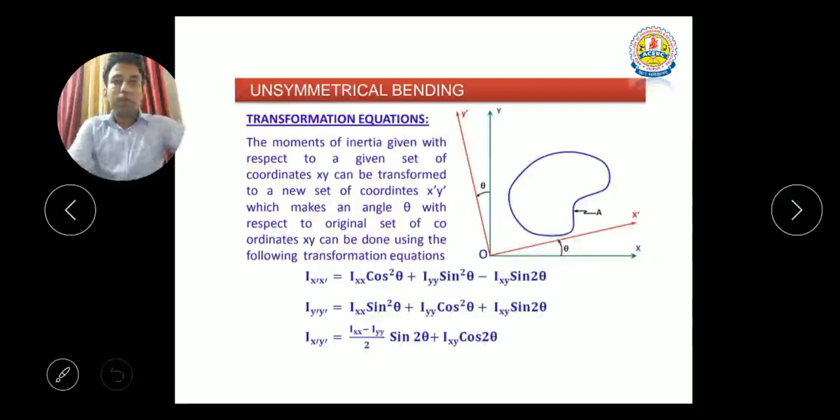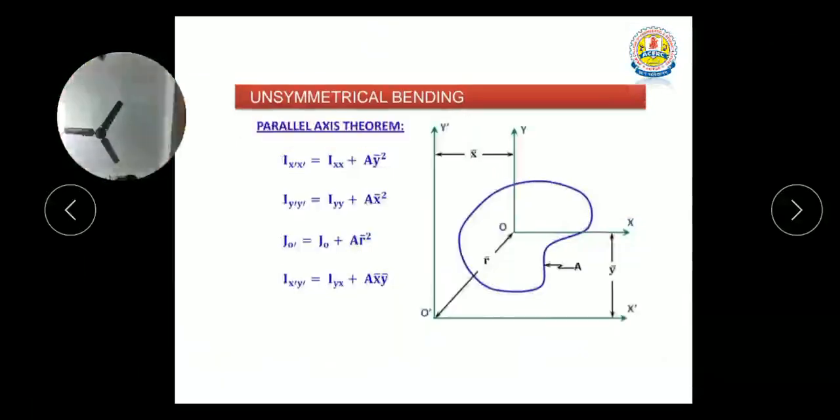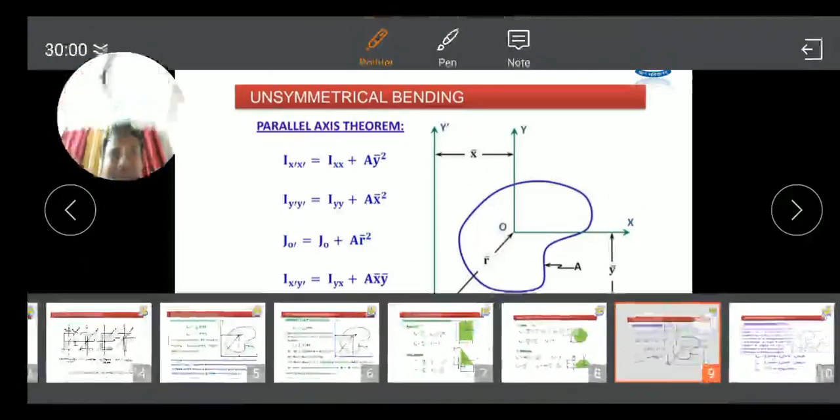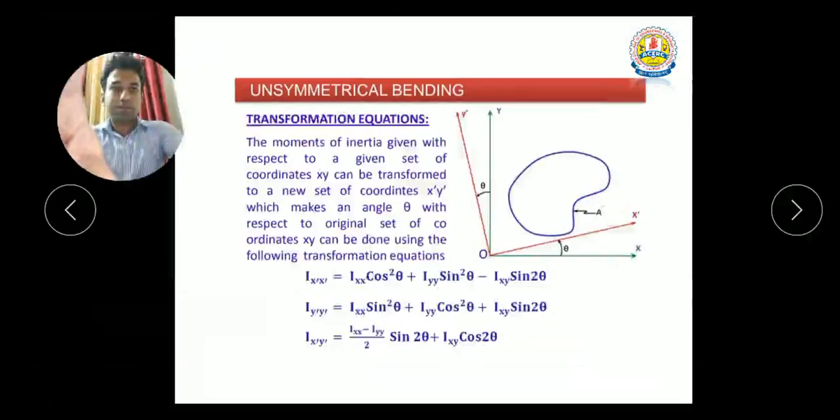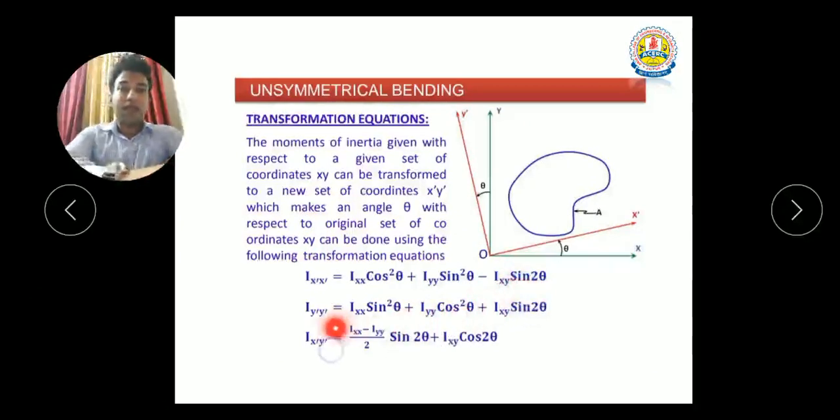We can derive the transformation equations from the previous Ixx and Iyy that we calculated from the centroidal axis: Ix'x' is equal to Ixx cos squared theta plus Iyy sin squared theta minus Ixy sin 2 theta, and Iy'y' is equal to Ixx sin squared theta plus Iyy cos squared theta plus Ixy sin 2 theta.